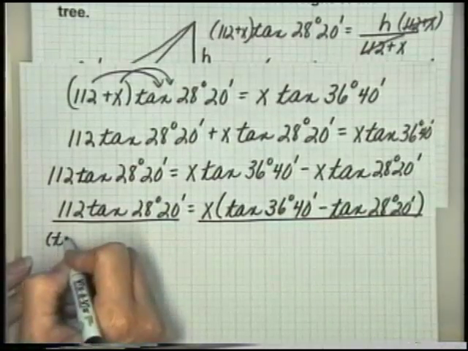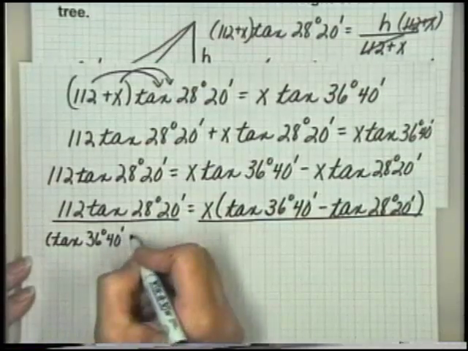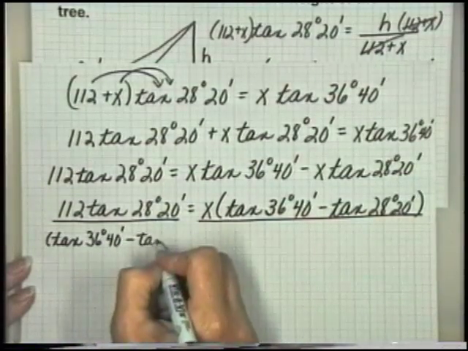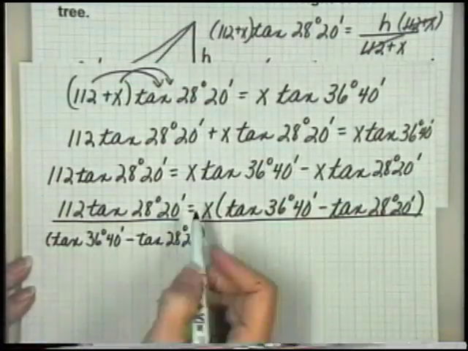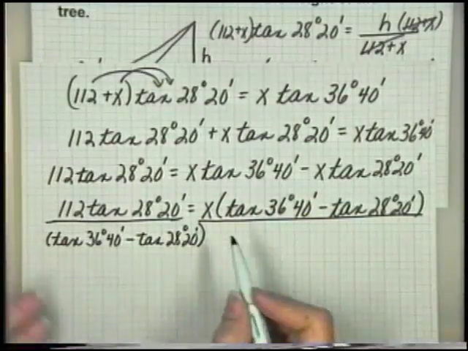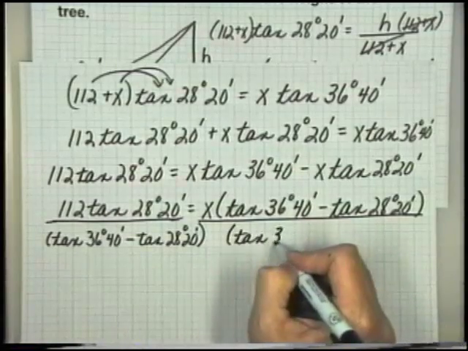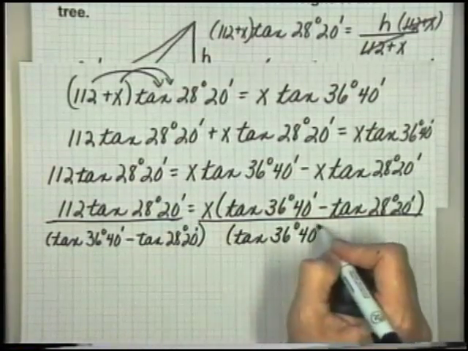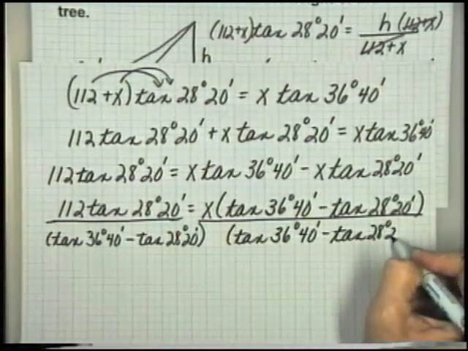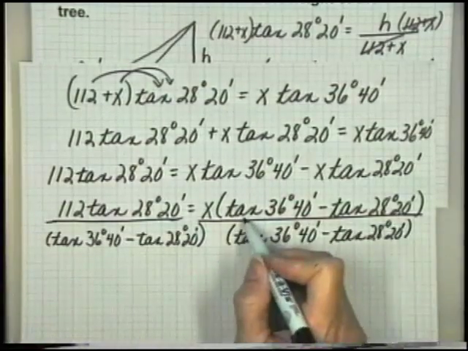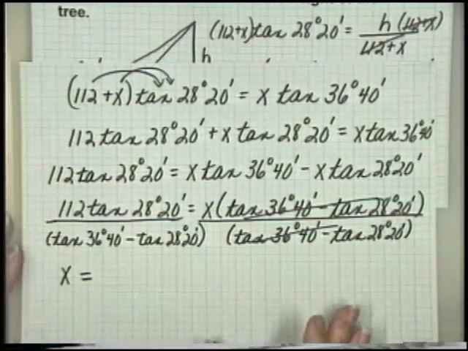So that'll be the division on this side. I ran over a little bit, didn't I? And over here, I'll divide by the same thing. And of course, on this left side, those divide to 1.